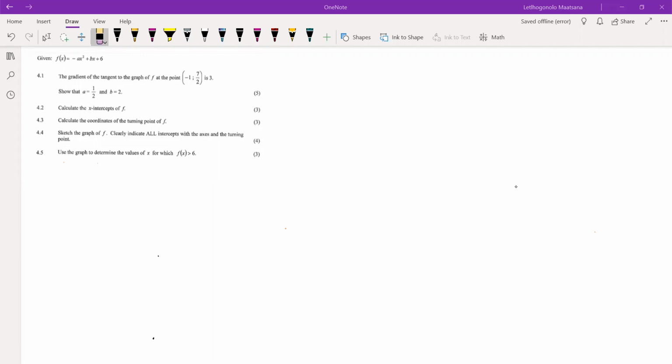So for the first method, let's go ahead and write out our equation. We have f of x is equal to minus 1 over 2 x squared plus 2x plus 6. And it takes into consideration that at the turning point, the gradient is equal to 0.